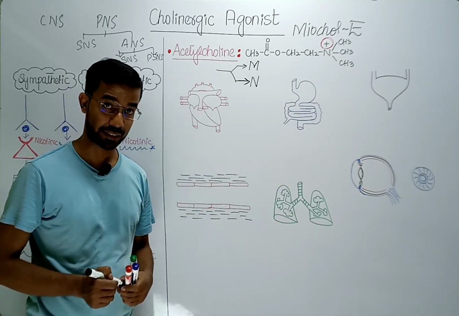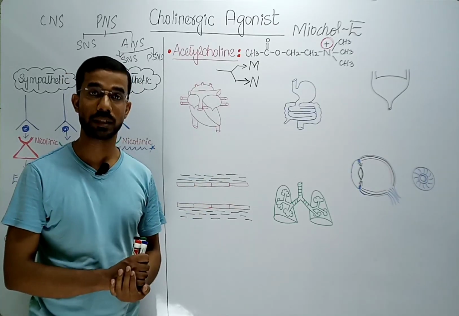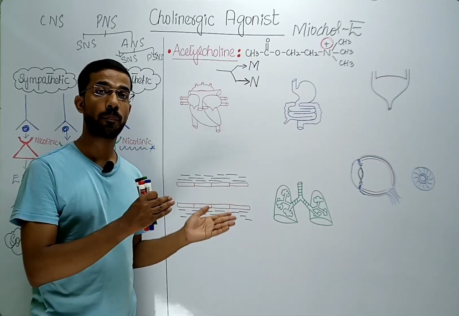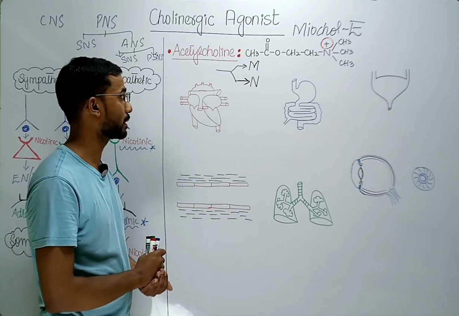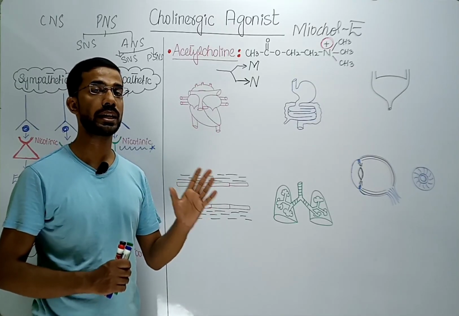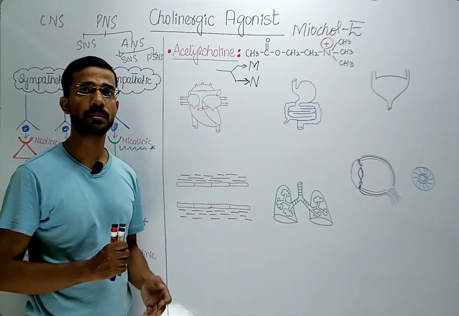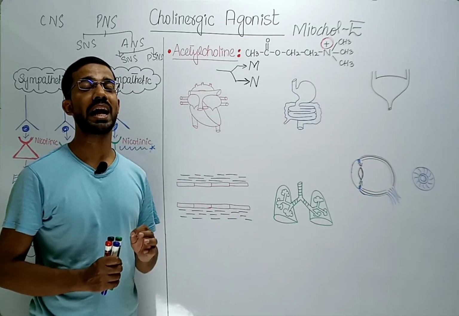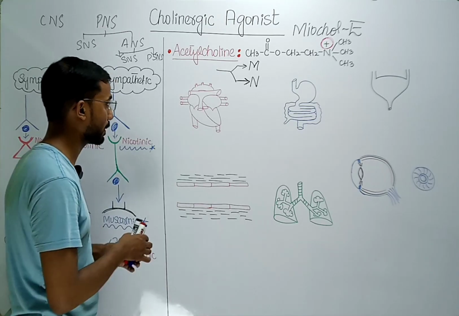And nicotinic receptors are mostly present on the muscles and the postganglionic neurons or fibers. So mainly you have to remember that muscarinic receptors are present on the different organs, and there are different types: M1, M2, M3, M4 and M5.